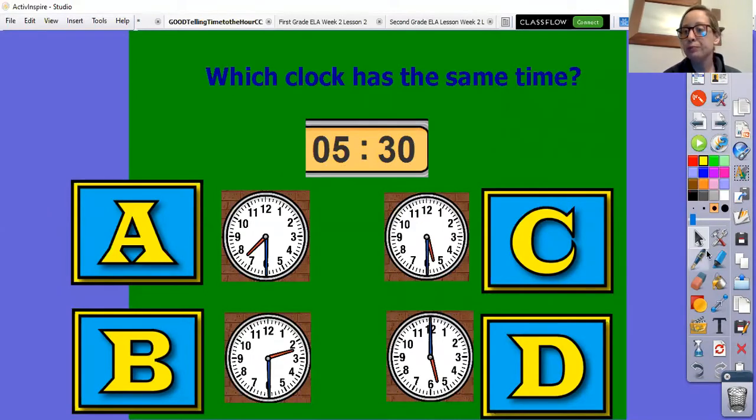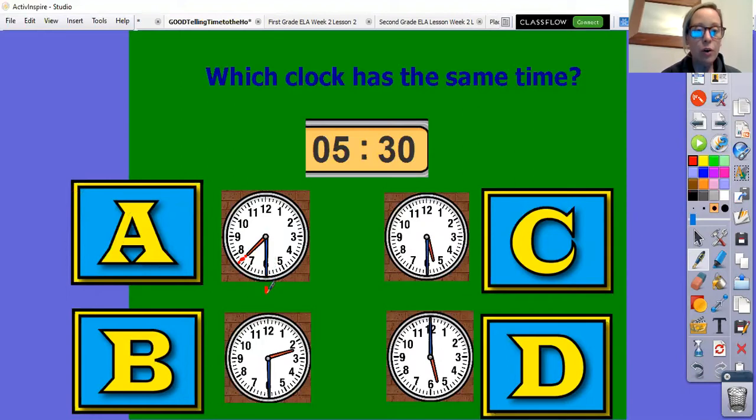Let's look. If I'm looking at this first one, A, right here, the hour hand is right in between the 7 and the 8, and I'll make a little dotted line for it to go out, okay? The minute hand is on the 30.